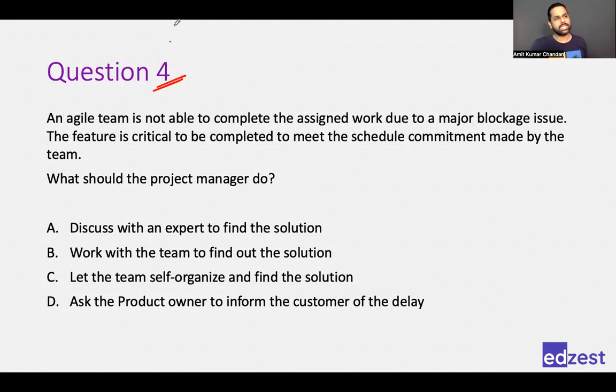See, the idea is that if there is a particular user story which is worth 5 story points, and you had taken, let's say, 3 such user stories, you had planned to complete 3 user stories of 5 story points, which is a total of 15 story points in a particular sprint or iteration.